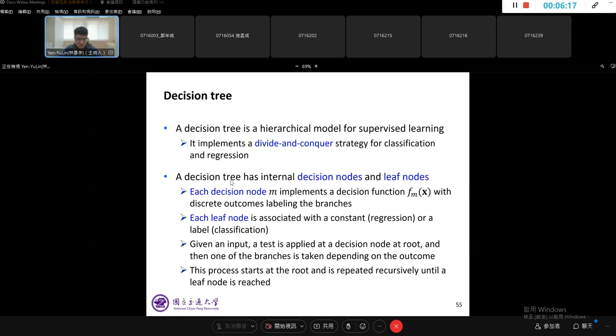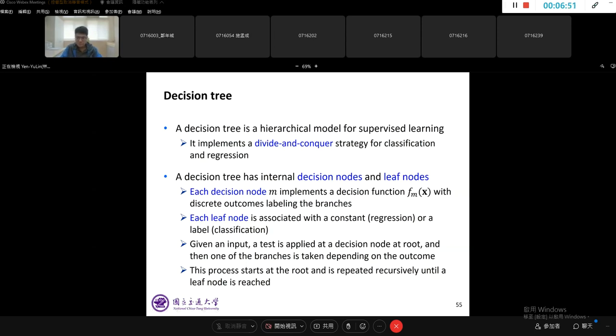A decision tree is composed of several decision nodes and leaf nodes. For input training or testing data, we feed this data to the root of this decision tree. Since the root is also a decision node, we can use the associated decision function to realize which branch this data point belongs to.